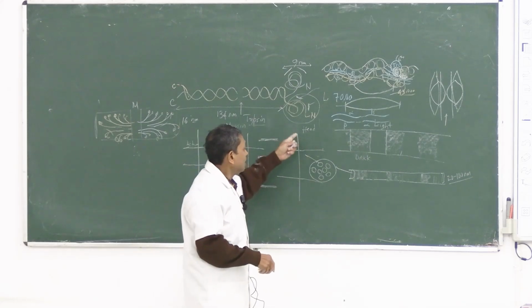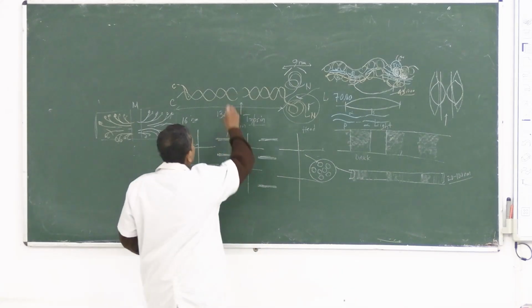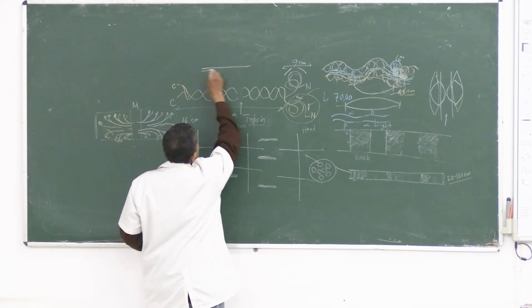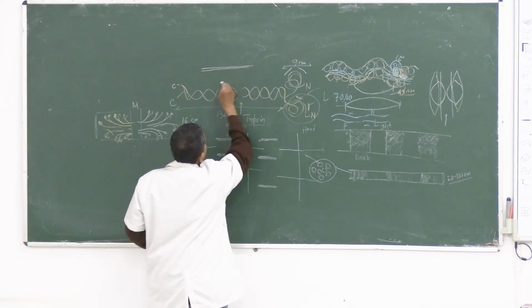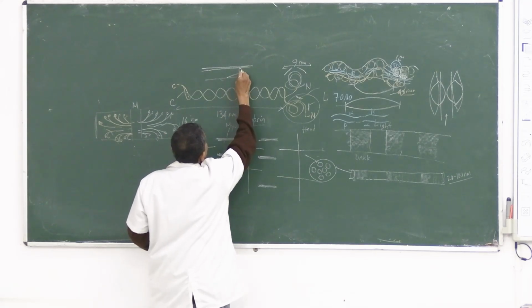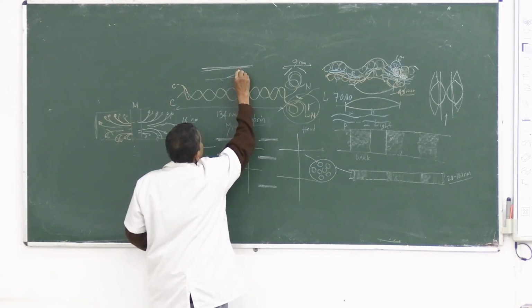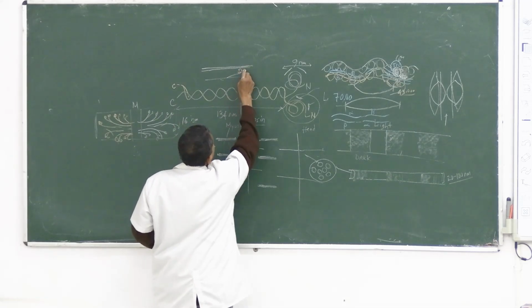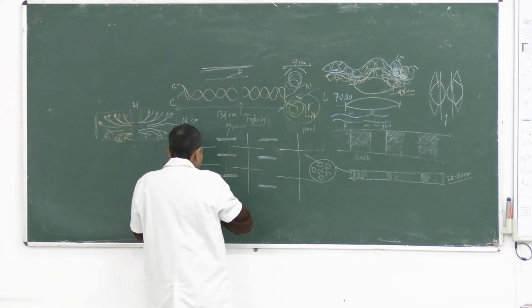In a rough picture, suppose it is the actin filament, and this is a particular part of the myosin molecule, attached in this way. It is just short of attaching, and there is the site where it can bind.